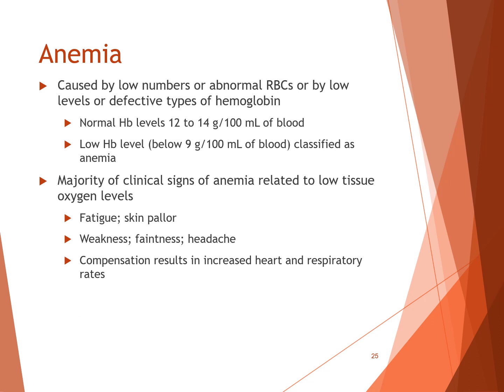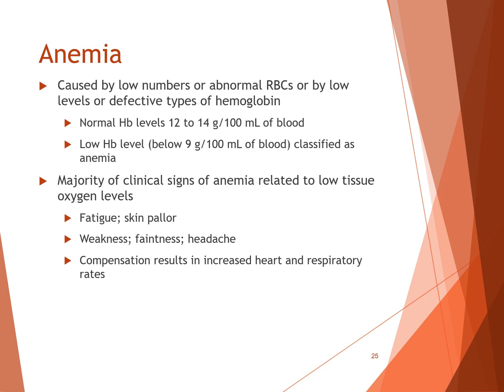And then again, the body always wants to maintain homeostasis. It wants to right the wrong that's going on inside of the body. So how is it going to do that? It's going to try to compensate with negative feedback mechanisms. One example is an increase in respiratory rate, and a second example is speeding up the heart rate.